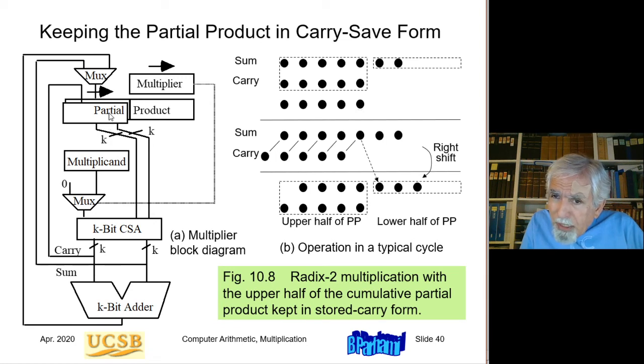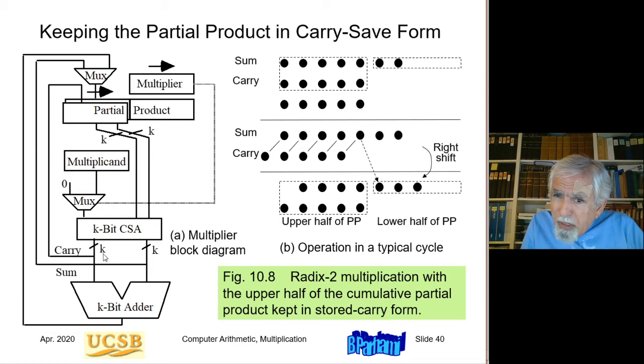I start with a carry save partial product, add the multiplicand or 0, and form the carry save partial product for the next cycle. So I iterate in this loop for k cycles, until I'm done with all k bits of the multiplier.